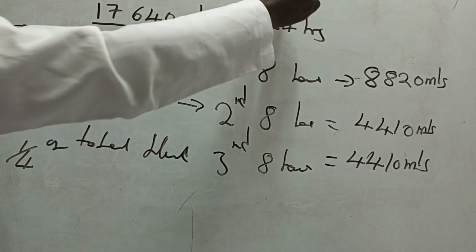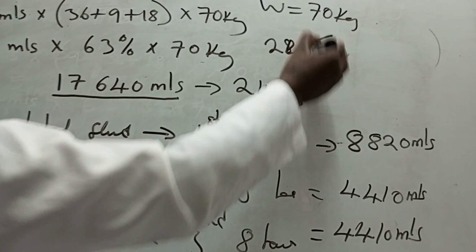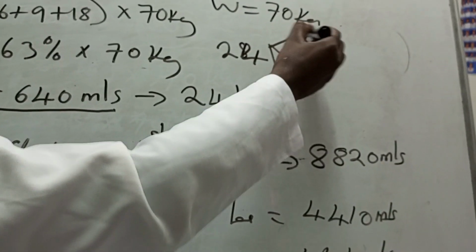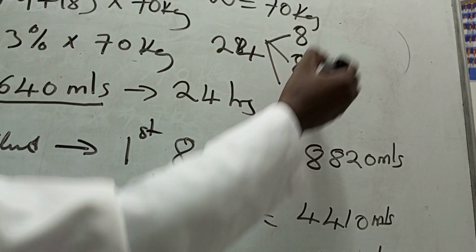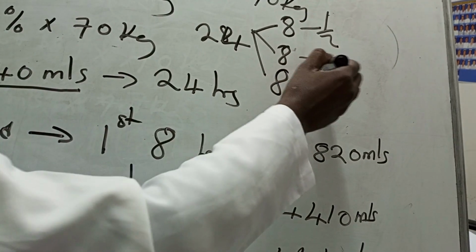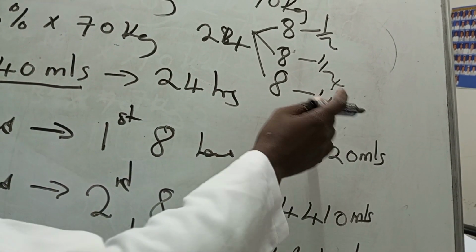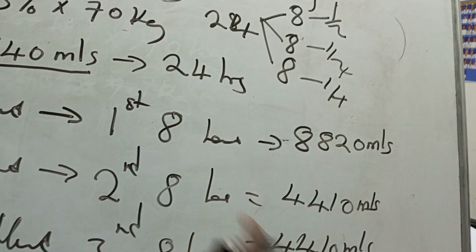Remember, every 24 hours has how many 8 hours? Three 8 hours. So you give half in the first 8 hours, then a quarter in the second 8 hours, and the last quarter in the last 8 hours.